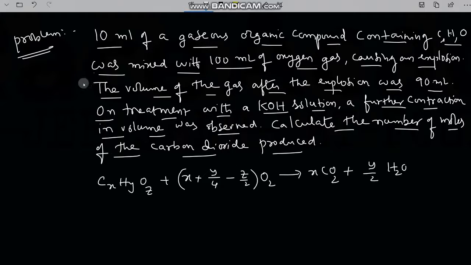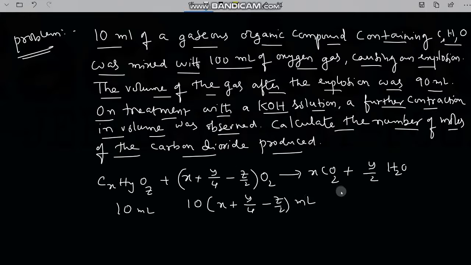In the general equation, we must know how much of the compound is given: 10 ml is given. So 10 ml of this compound is given. The oxygen reacted will be 10 into (x plus y by 4 minus z by 2) ml.